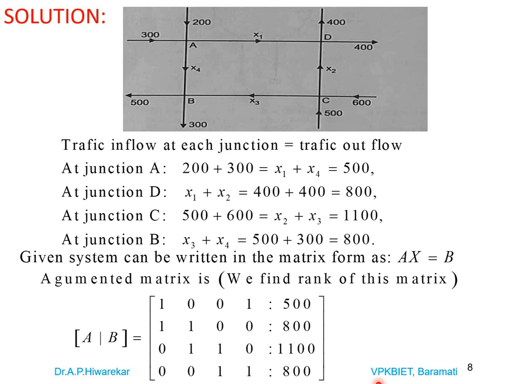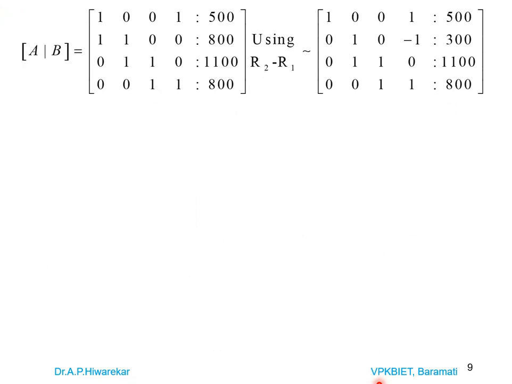Now we find the rank of the augmented matrix AB as well as the rank of A, and from that we decide the solution of this system. So we write the augmented matrix as it is. Now our next target is making this position 0. For that we use the row operation R2 minus R1. So row 1 as it is: 1, 0, 1, 1, 500.